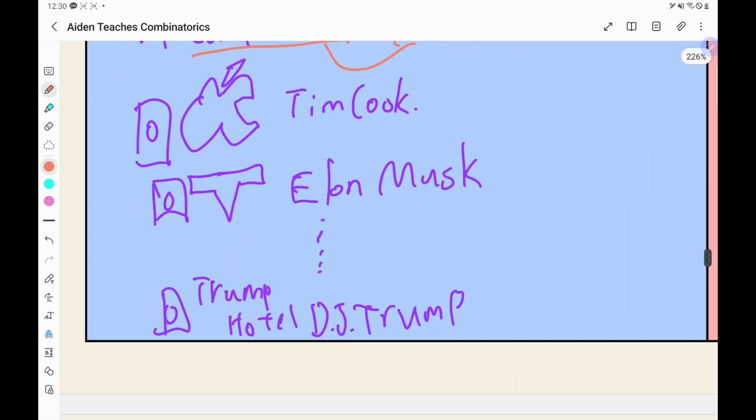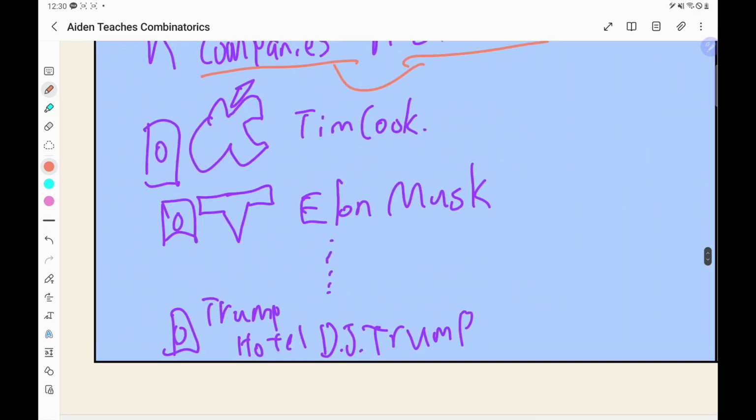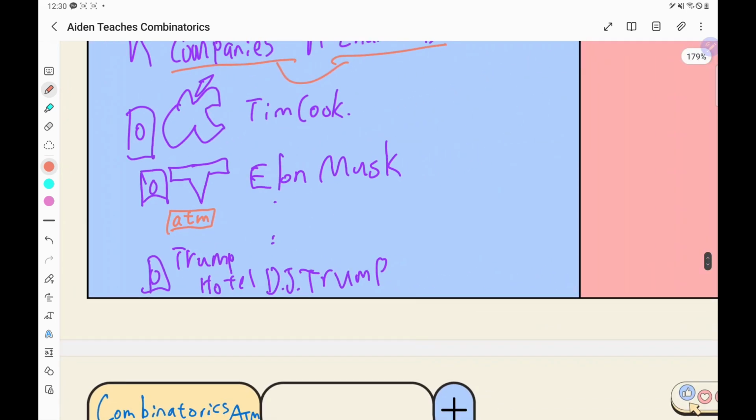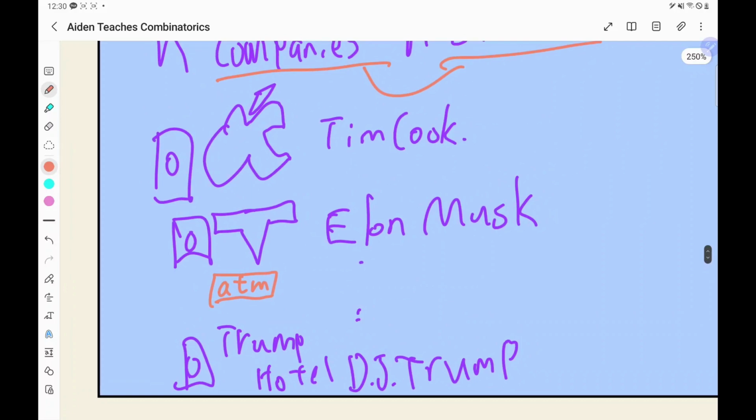So, anyways, let's say one company just died. For example, let's just get random, like ATM company got exploded and they are bankrupt. And this chairman is called ATM Math.